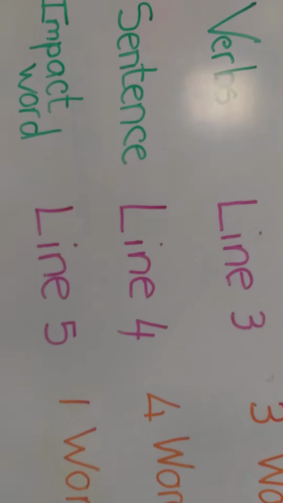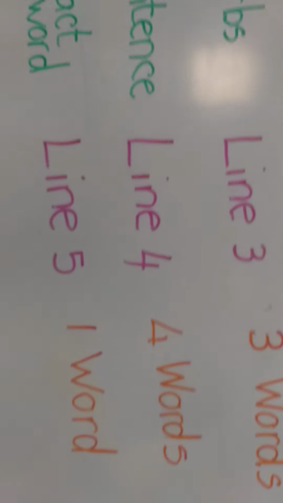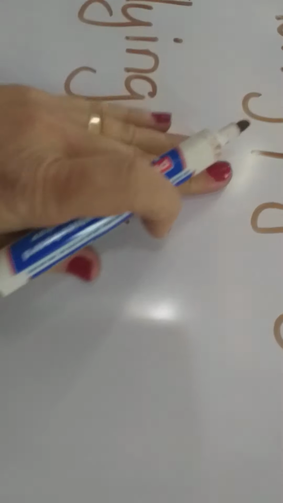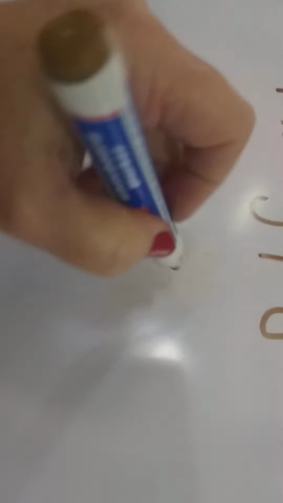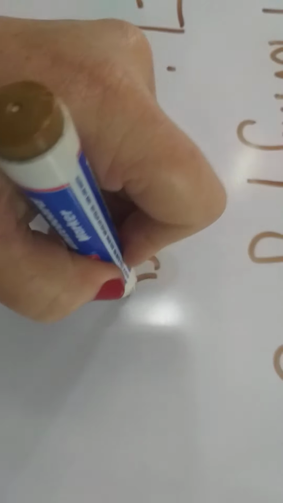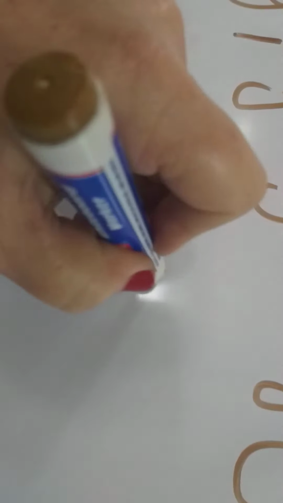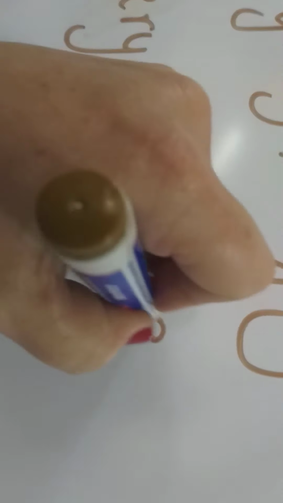That's my line 3 done. And then line 4 is a sentence, a 4-worded sentence. Let's put in another word here. Flying very far away.